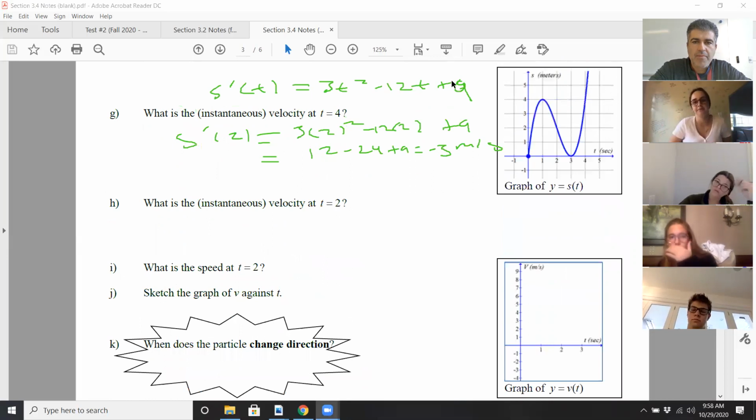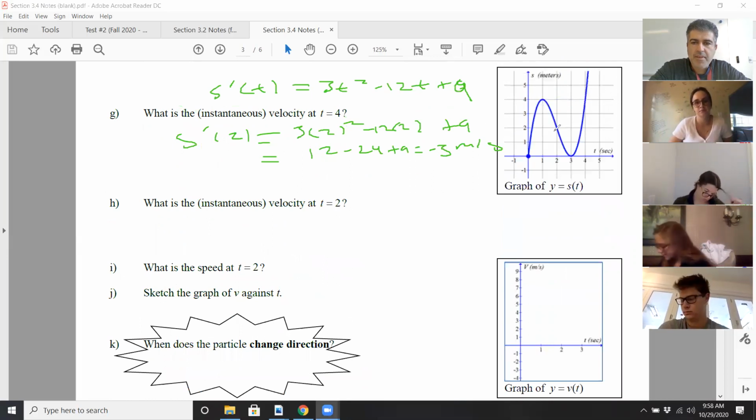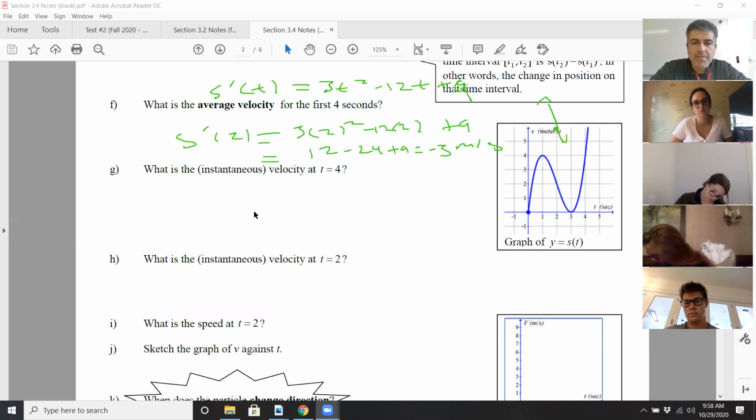At t equals 2, that's a negative slope. So now it's getting closer to the initial position. So it's going the opposite direction. So that would make sense.